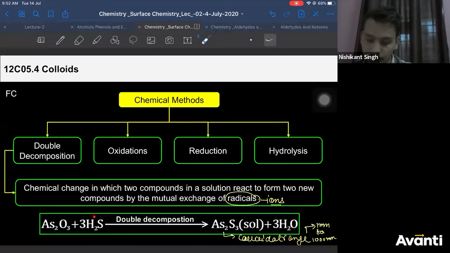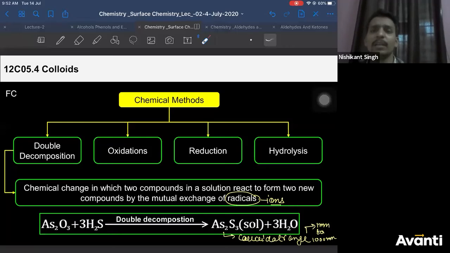And H+ will combine with O -2 to form water. Is this part clear to everyone? There is nothing to understand in this. This is just an example and reaction which you need to remember. I hope it is clear.